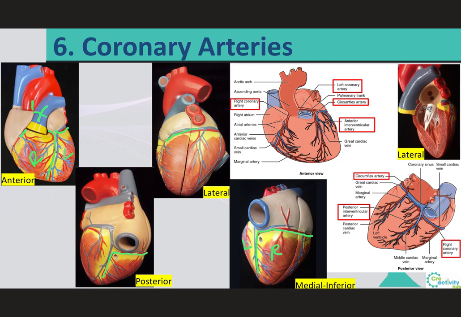We can see it here as well, going around. And then once it comes to the posterior side, it starts to go down and then receives a different terminology. So we're only going to focus on the circumflex artery. And these are all the coronary arteries that you need to know of.